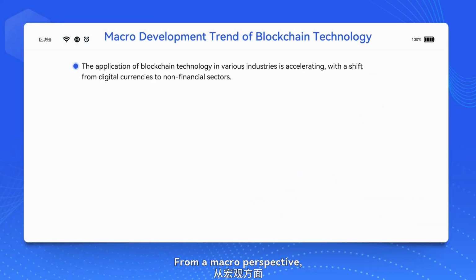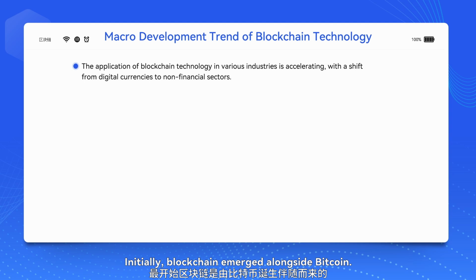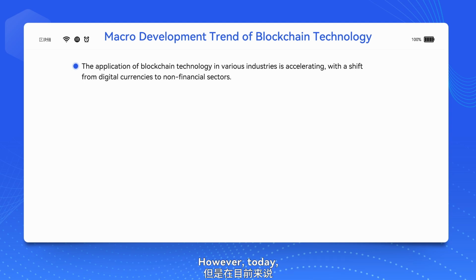From a macro perspective, let's examine its development trends. Blockchain will gradually expand beyond digital currencies and penetrate into non-financial sectors. Initially, blockchain emerged alongside Bitcoin. However, today, its mainstream applications have expanded to various sectors, including government, enterprises, and the general public.